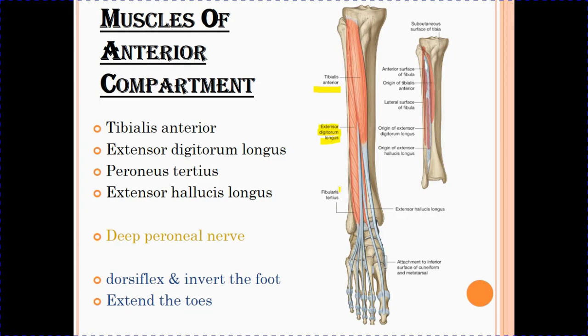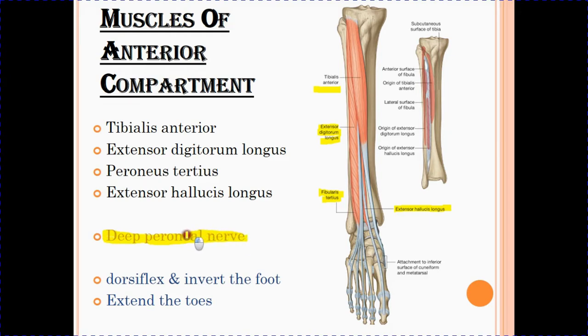Then in the lower part there is a small muscle which is called as Peroneus Tertius, also called as Fibularis Tertius. And the last is Extensor Hallucis Longus muscle. All these four muscles are innervated by the deep peroneal nerve.